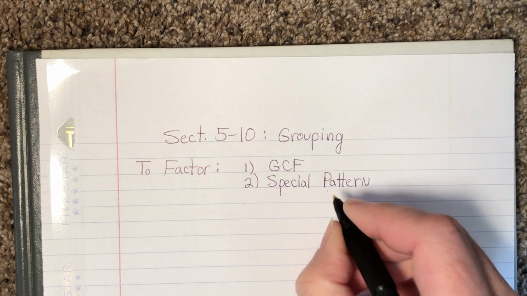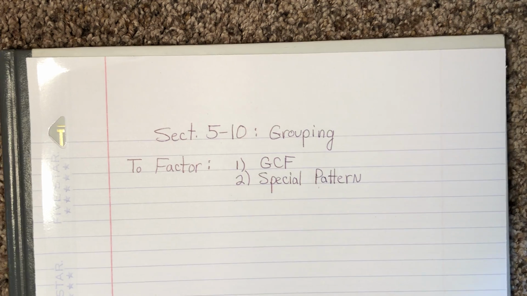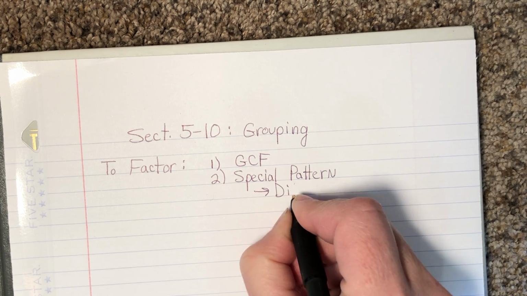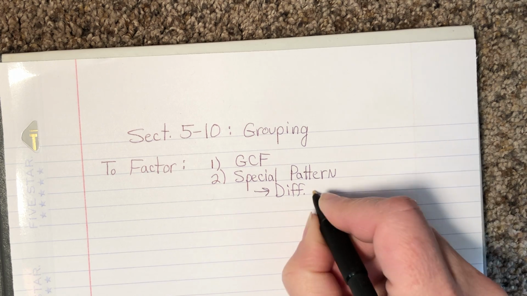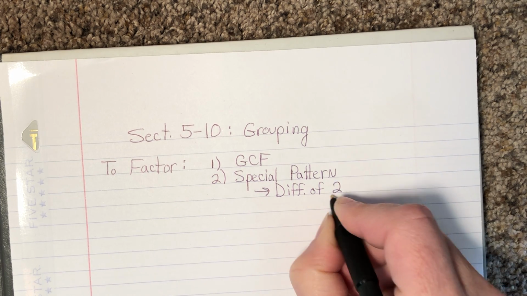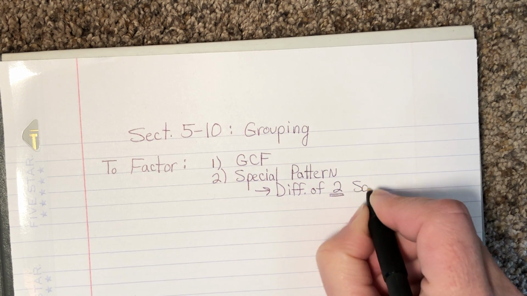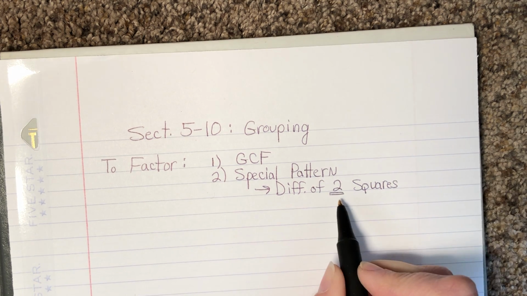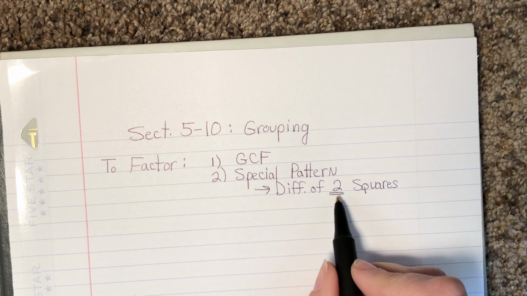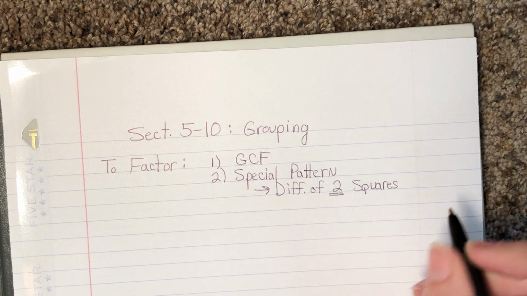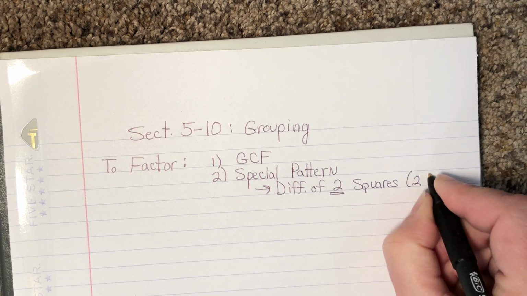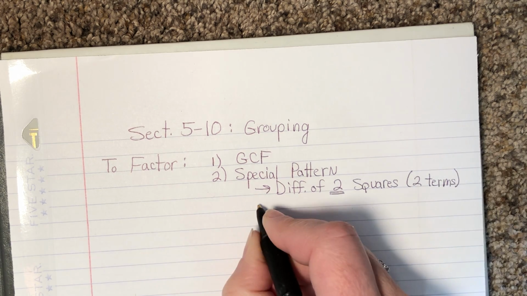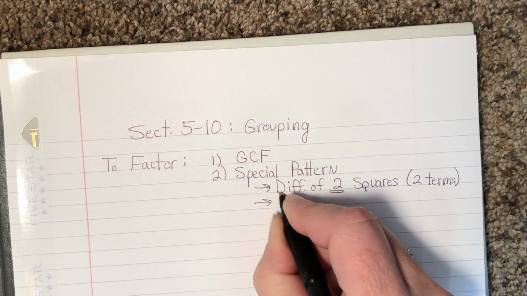Special pattern. Of the special patterns, we've got the difference of two squares. And that's the key word, two. You can recognize it because it only has two terms. It's two squares with a minus between them. Then we have a perfect square.